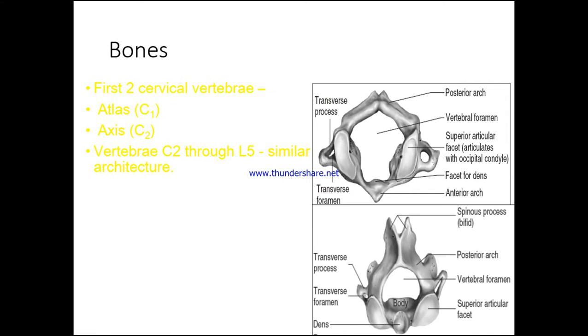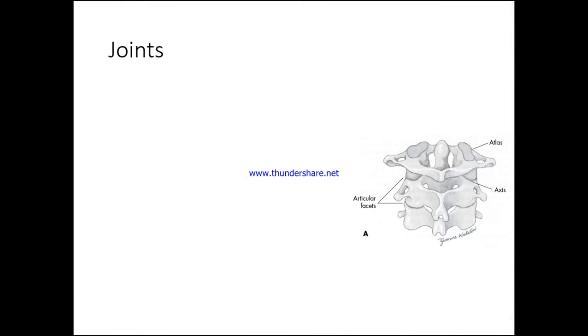It's important to think about how the atlas and the axis communicate with each other, thinking about them individually as osteological structures, but also how they combine to form functional movement of the region.